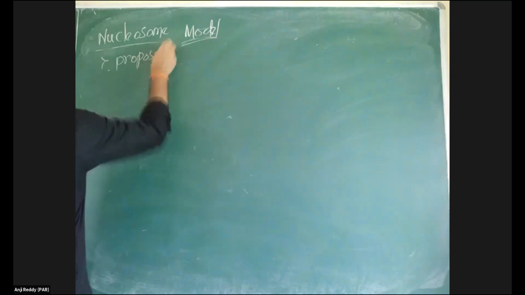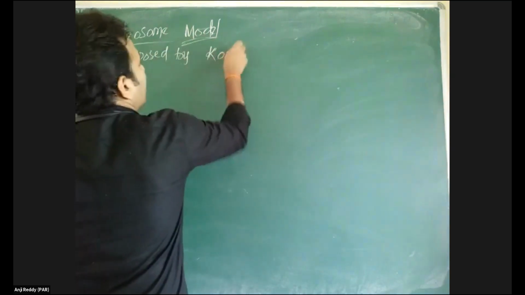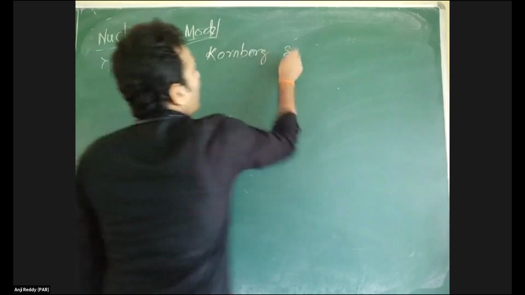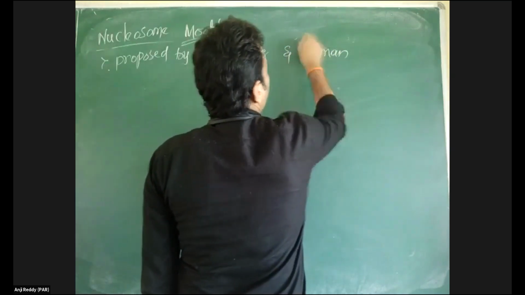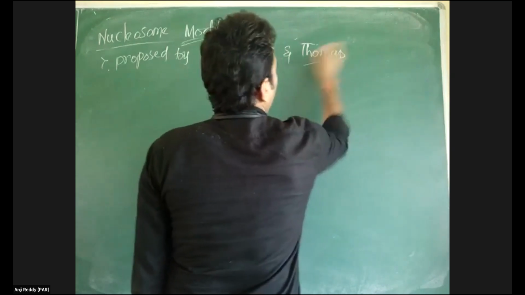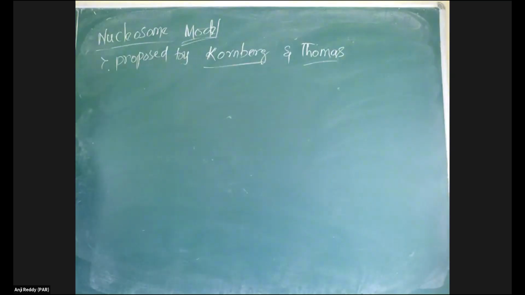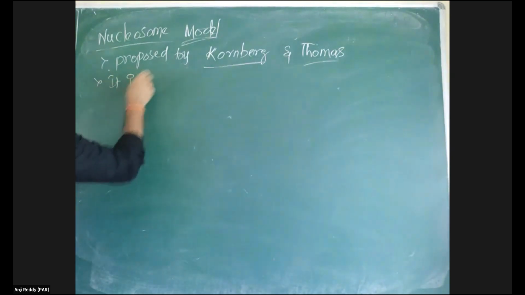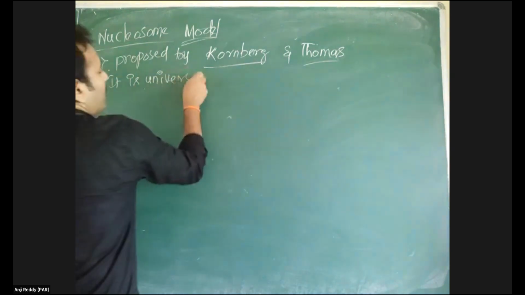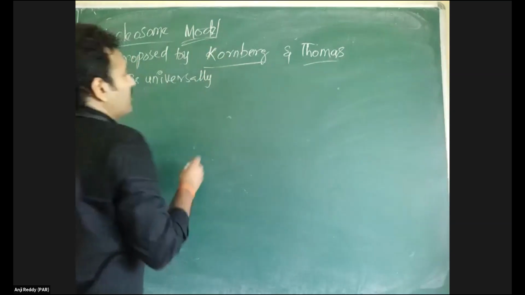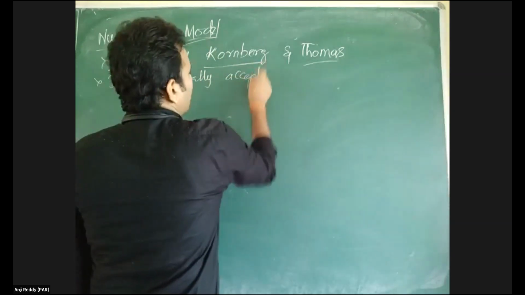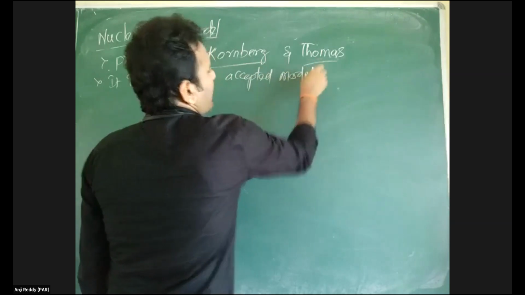This nucleosome model is proposed by Kornberg and another scientist named Thomas. Thomas and Kornberg proposed the nucleosome model, and this nucleosome model is a universally accepted model that explains the arrangement of DNA in chromosomes.